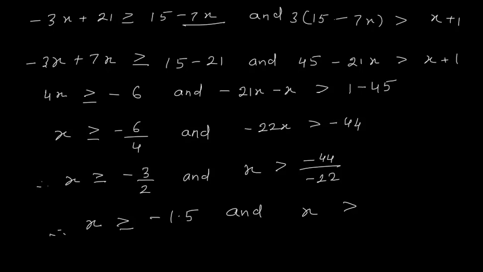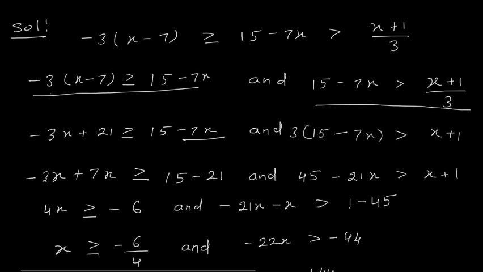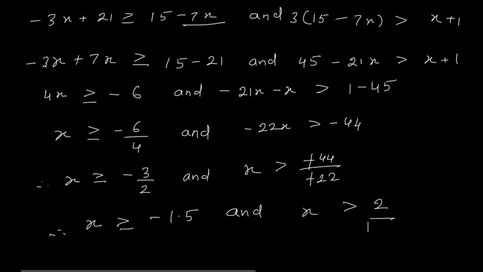Okay, so both the places I am getting greater than sign. Let us check again. Okay, one mistake I have done, that here when I divide by minus 22, this sign should change. So from greater than it will become less than.